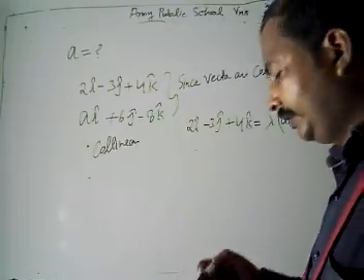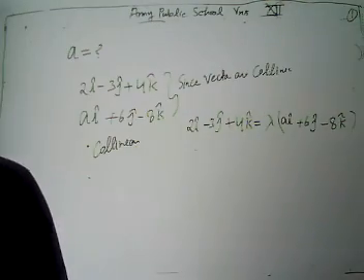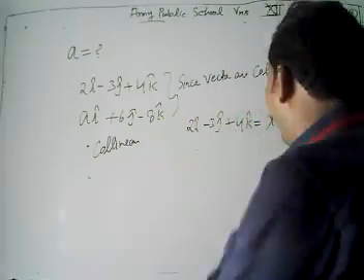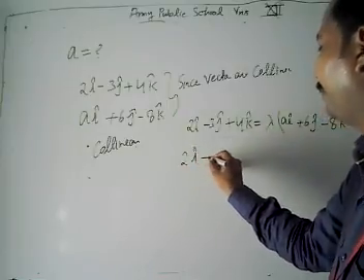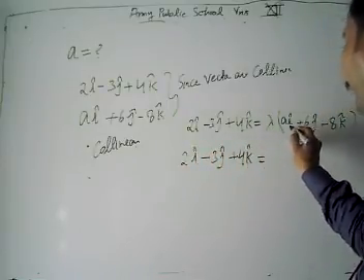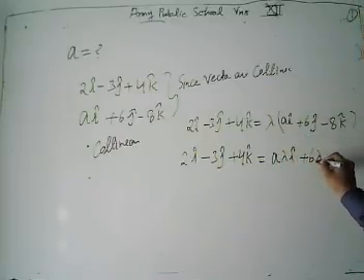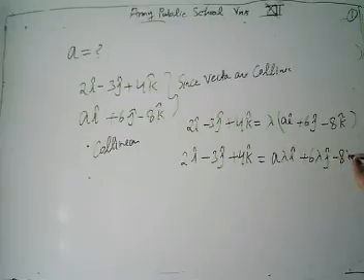Multiplying lambda through, we have a lambda i cap plus 6 lambda j cap minus 8 lambda k cap.